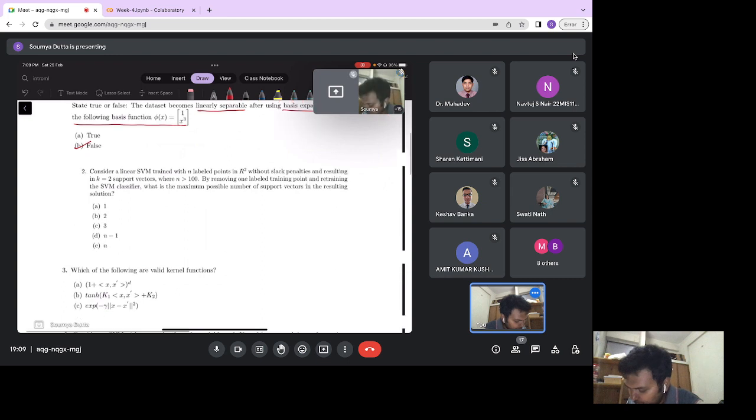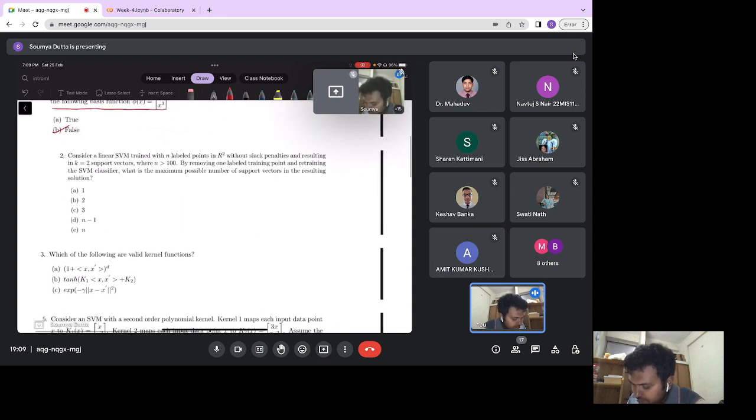Okay. Then consider a linear SVM which is trained with n labeled points in R square without slack penalties and resulting in k equal to two support vectors where n is greater than 100. By removing one labeled training point and retraining the SVM classifier, what is the maximum possible number of support vectors in the resulting solution?